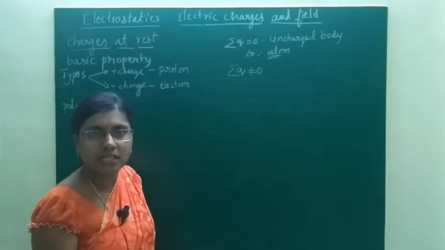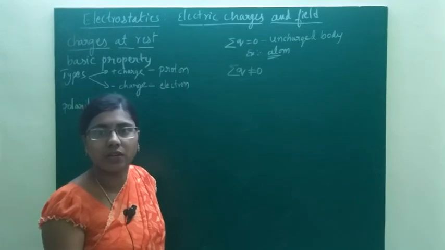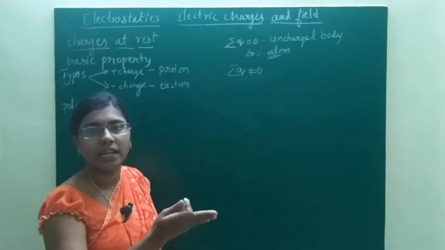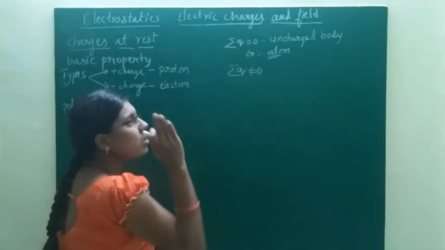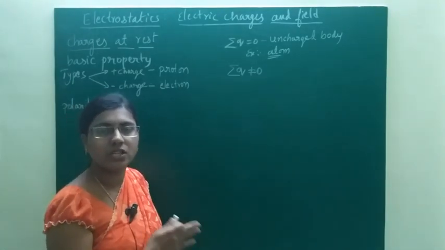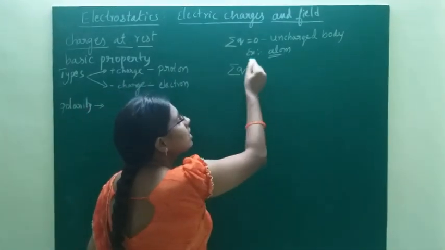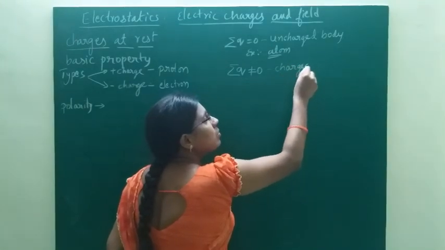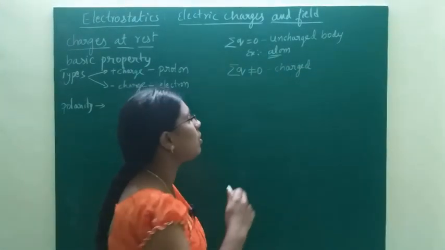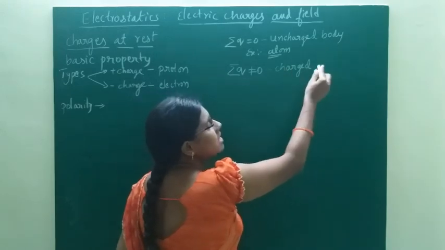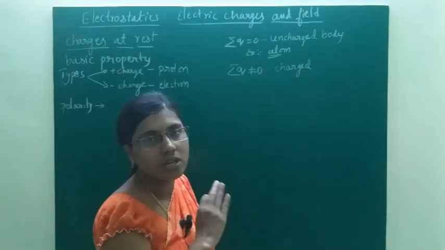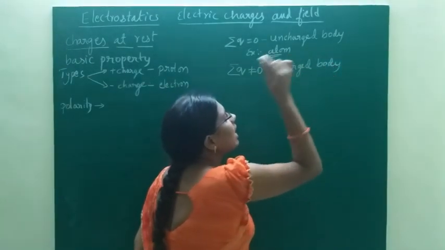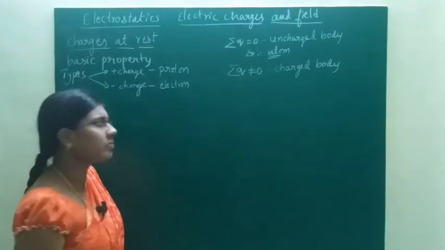Not equal to 0 means the sum of the charges is not equal to 0, so it may have either a positive charge or a negative charge. It has some value on it. Therefore the body is called a charged body. So a body is said to be a charged body if the sum of its charges is not equal to 0.